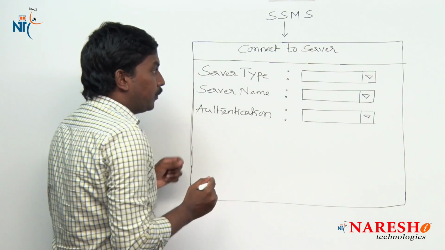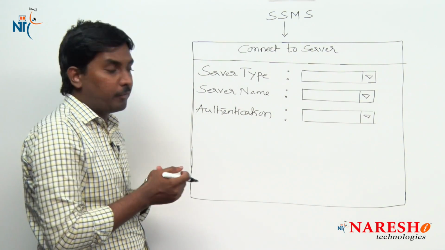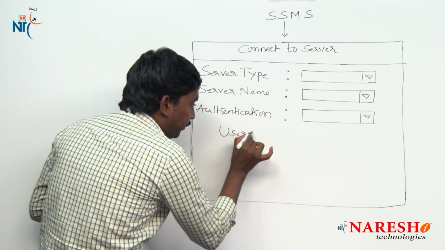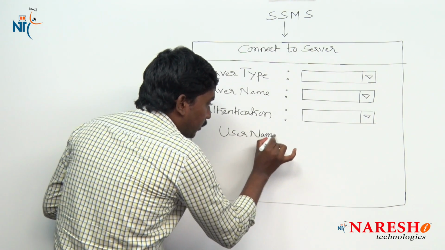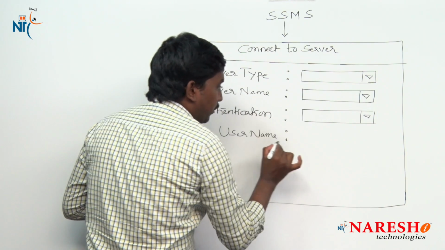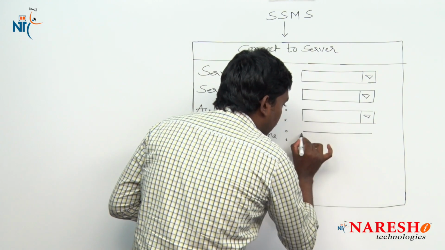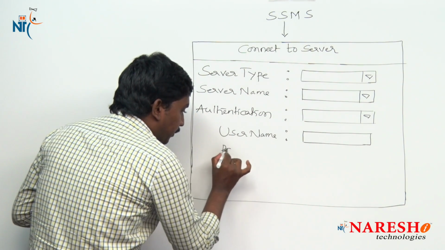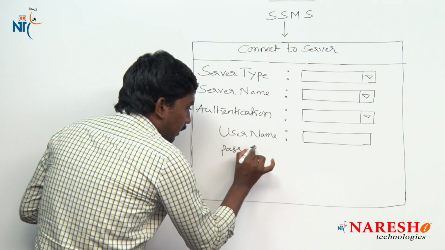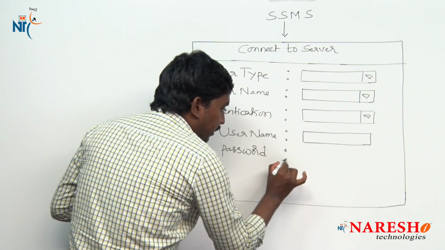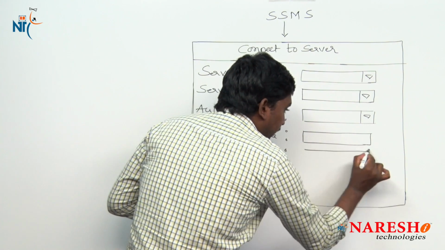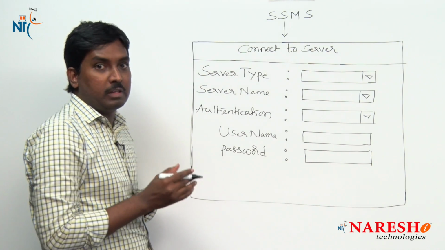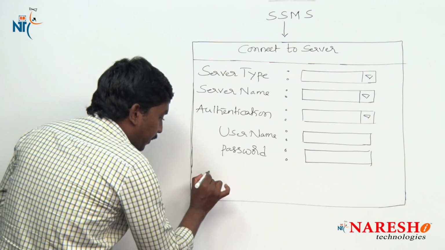After these three options, we have another option called username, and here also we have one small text box control. After that, the password is also here, one more text box. Finally, along with these options, we have some button controls.